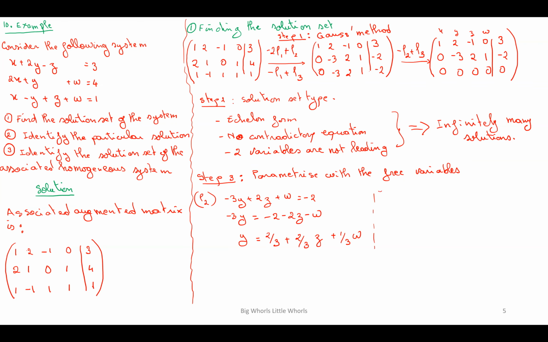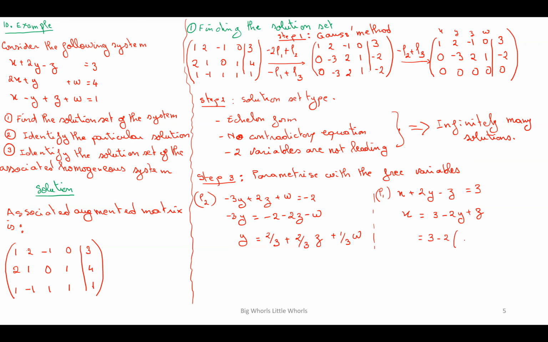Now let's rewrite row 1. Row 1 is x plus 2y minus z equals 3. And that means x is going to be equal to 3 minus 2y plus z. And we know y, so let's substitute its value into this equation.